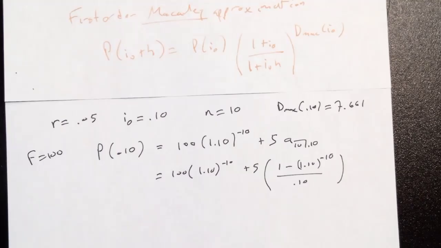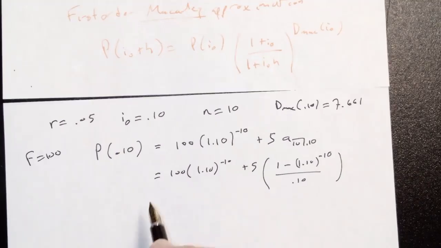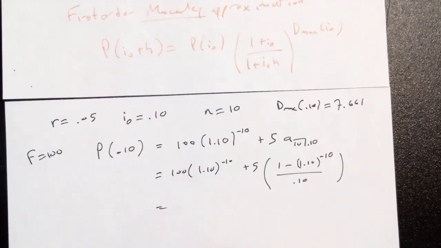Give me at least 6 decimal places so that we can keep this fairly accurate. 277,164. So I should pay that today.